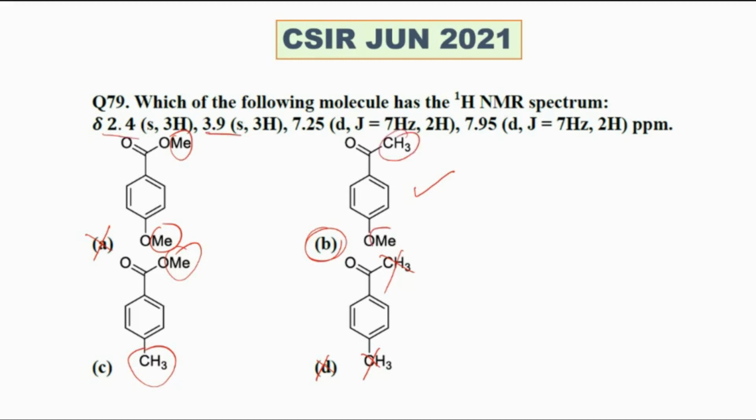So this can be 2.4, this can be 3.9, this can be 3.9, this can be 2.4. அப்ப நான் எதை யூஸ் பண்ணுவேன்? வேற எந்த டேட்டா கையில இருக்கு? 7.25 and அரோமேட்டிக் ரீஜியன்ல என்ன கொடுத்திருக்காங்க? 7.25, 7.95. இப்ப சொல்ல முடியுமா? ஆப்ஷன் B ஆன்சர் சொல்றீங்களா? Yes ma'am.